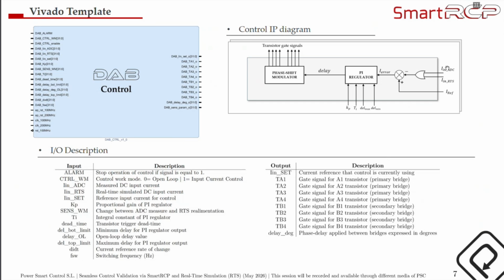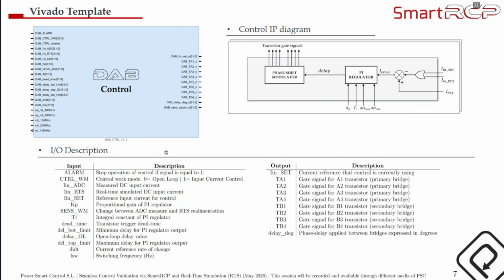So we can read, as we saw at the beginning of the presentation, the input current from the ADC or the RTS. It's going to compare this current with a reference. It's going to pass through a PI regulator that we can parameterize, and then we have the modulator to establish this phase shift between the trigger signals of the primary and the secondary bridge of the converter.